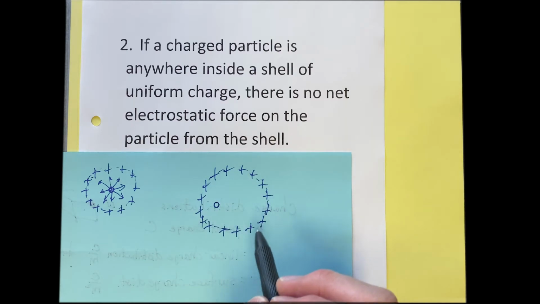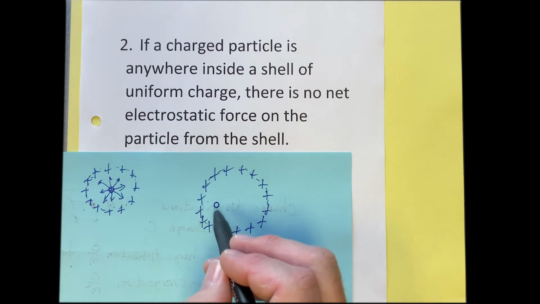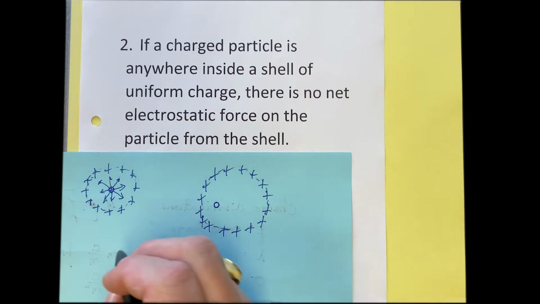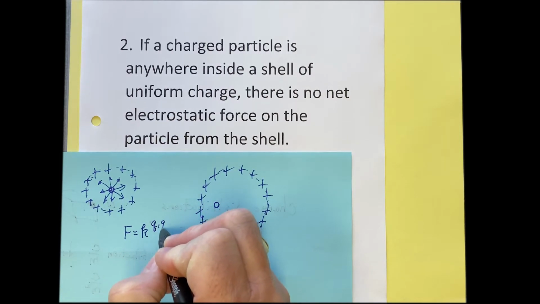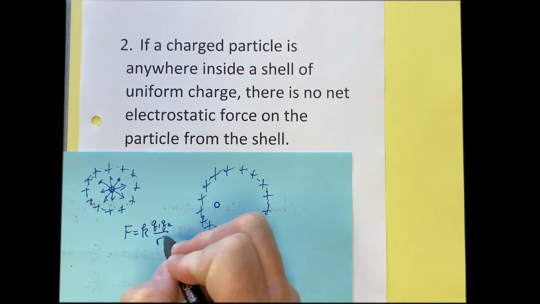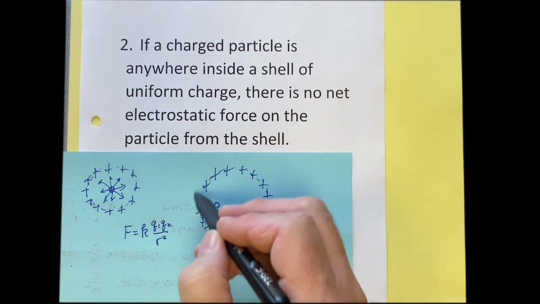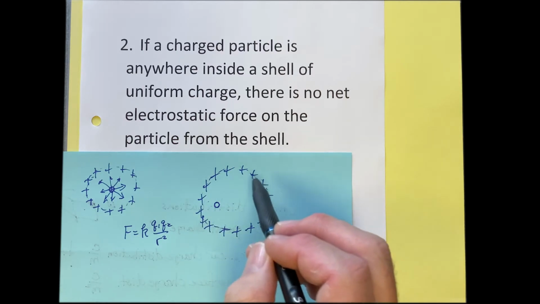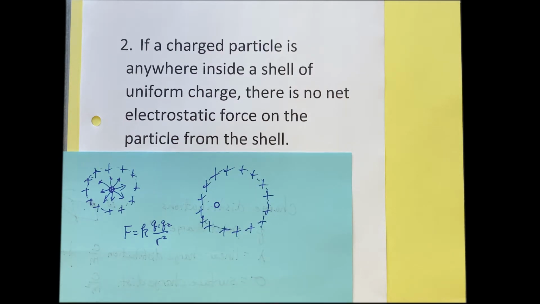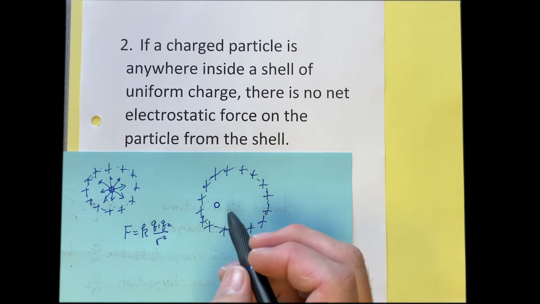Well, you could go in and calculate using Coulomb's law what the force should be here. It's a little more complicated. F equals k Q1 Q2 over r squared, but you've got this continuous distribution of charge around here. You can't just treat everything like it's a point charge. Well, I suppose you could, but it would take you a very long time to work the problem.